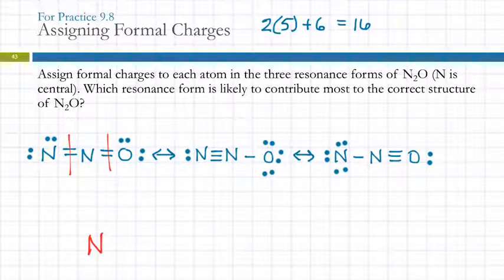So nitrogen and oxygen. Nitrogen has 5 valence electrons, 1, 2, 3, 4, 5. Oxygen has 6. When you look at the number of unpaired electrons, that's how many bonds it will have if it's got a zero formal charge. Oxygen wants 2 bonds, nitrogen wants 3. So I can tell you that oxygen here has a zero formal charge without doing the math, but let's do the math anyway.